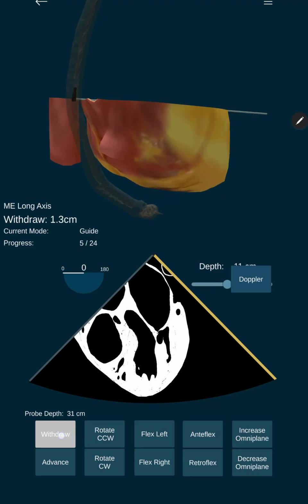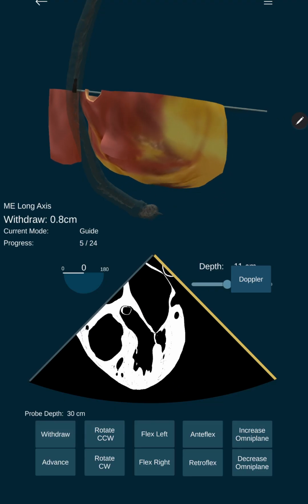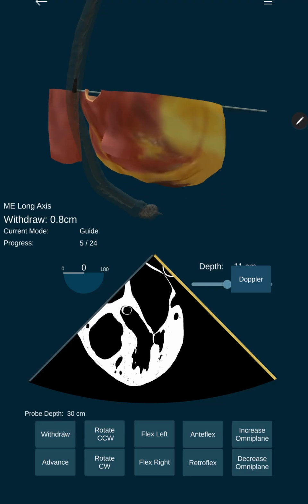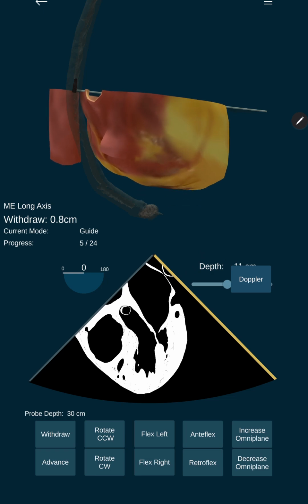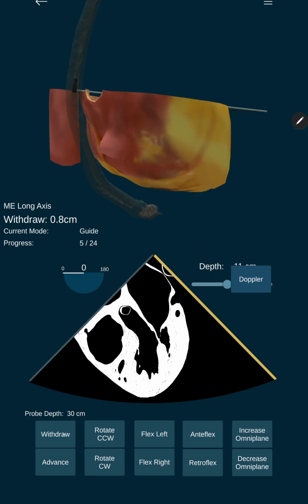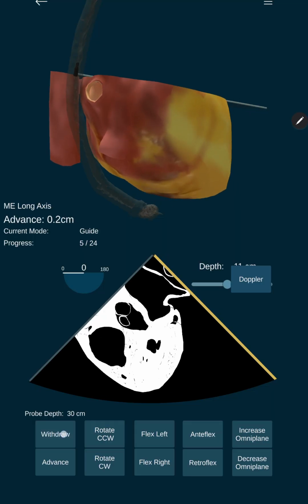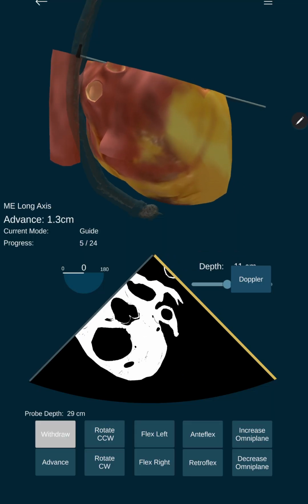Now let us withdraw the probe. This is the 5-chamber view, where we can see the A1 and P1 segments of the mitral leaflet. This was the aortic leaflets and the aortic valve.